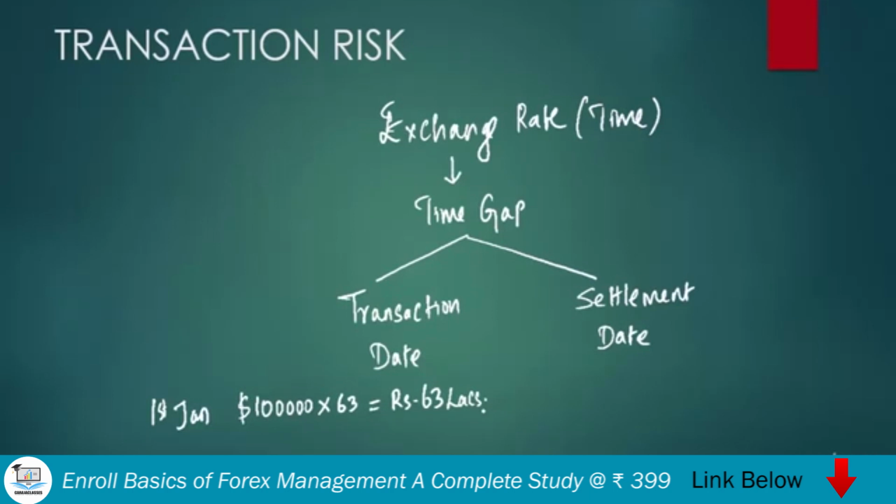Let's say the settlement is going to happen only on 31st March. And on 31st March, if the exchange rate is 64, that is rupees 64 per dollar, then instead of 63 lakhs, you end up paying 64 lakhs.